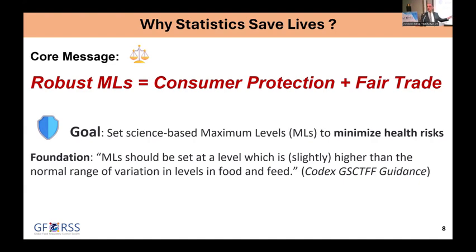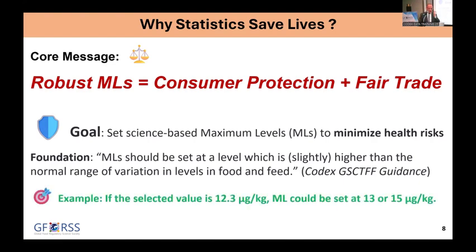This is why, according to the Codex guidance, MLs should be set at a level which is slightly higher than the normal range of variation in levels in food and feed. And this is what we call the worst case scenario. So when we set the ML, we push it a little bit higher to be sure that all the results will be inside this level or limit that we are setting.